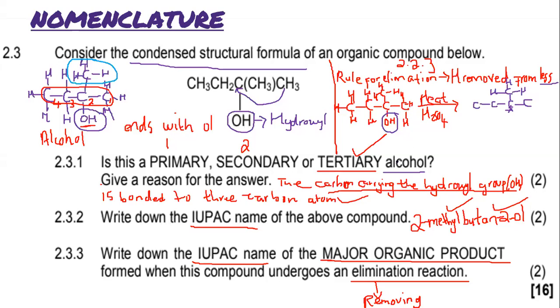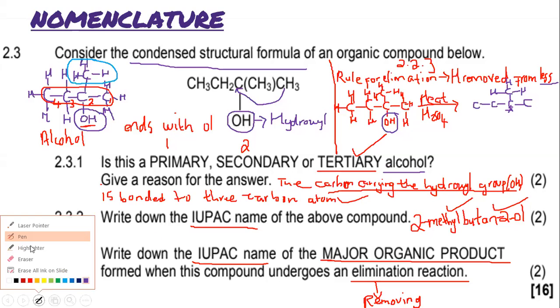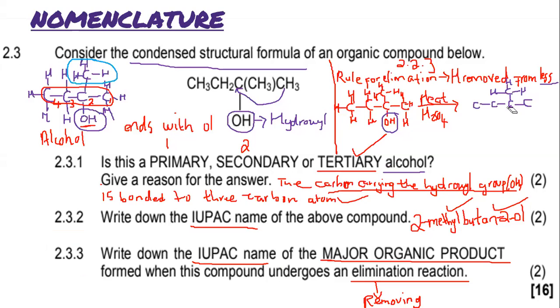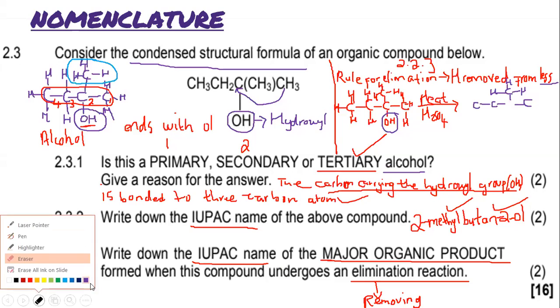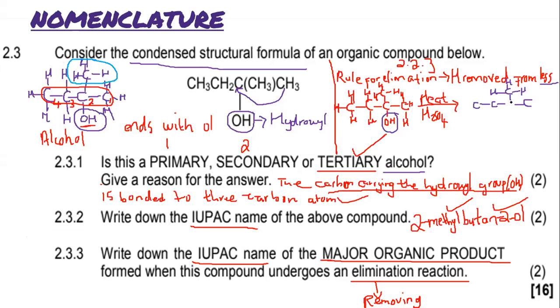So that would not be in line with the rules. As a result, according to the rule of elimination, the double bond must come there.